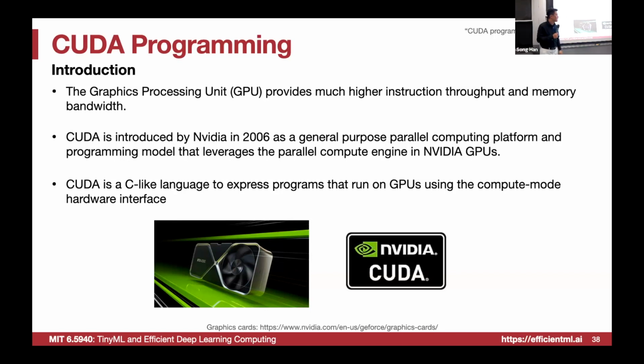It is a C-like language to express programs that run on GPUs as if you are having that locally, right? So very easy to interface with the GPUs. Over the years, there have been many generations of GPUs, but you can use the same programming model to program them.